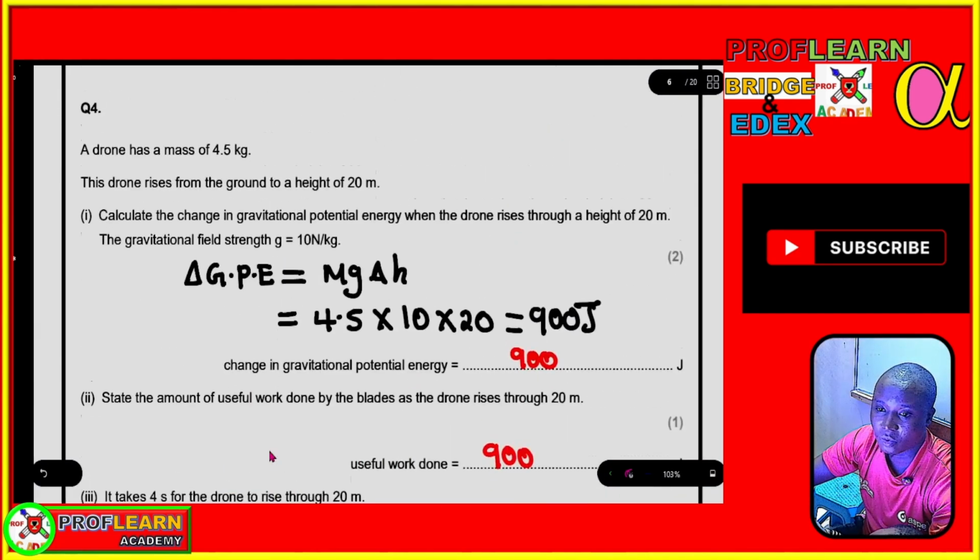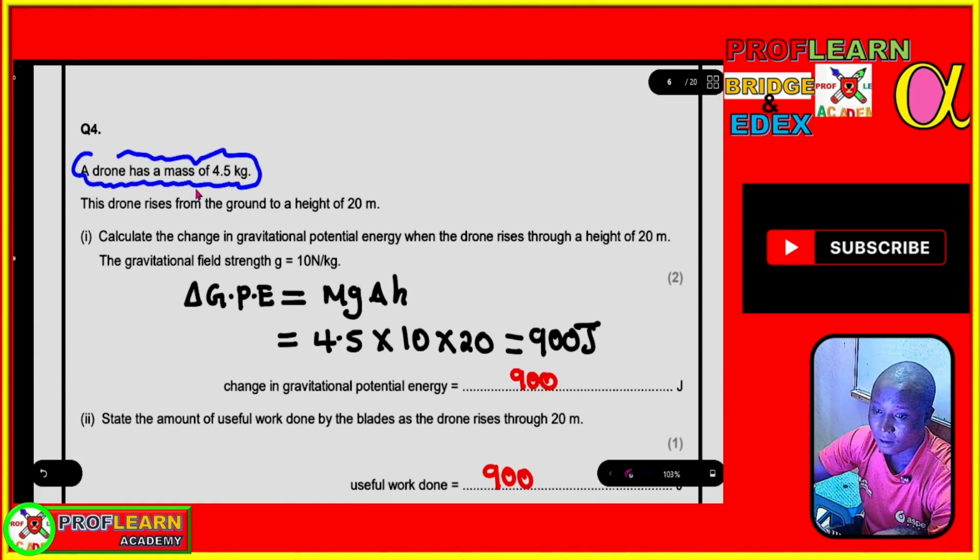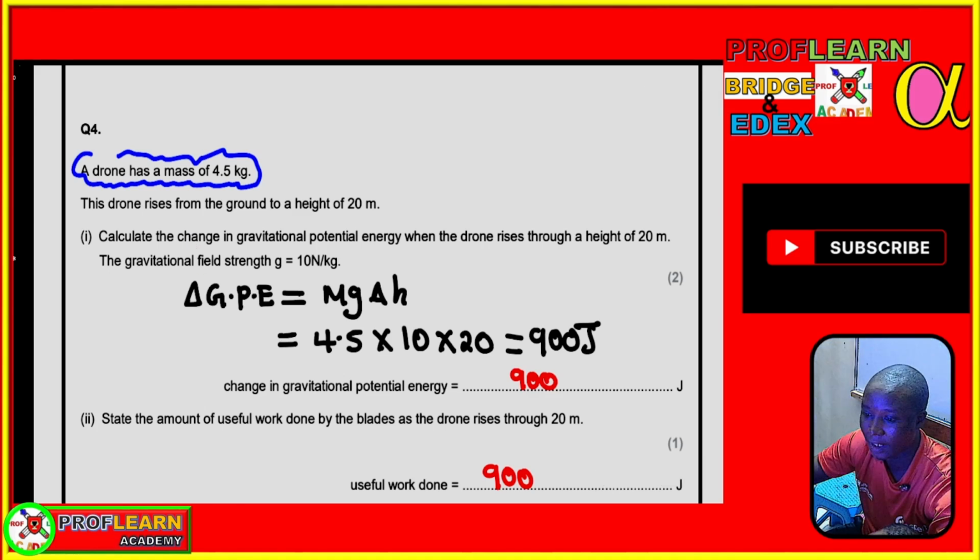Moving to question number 14, we are told a drone of mass 4.5 kg rises from the ground to a height of 20 meters. We are supposed to calculate the change in gravitational potential energy. This is another very important area that you really have to prepare for. You have to be ready to do a question on gravitational potential energy.